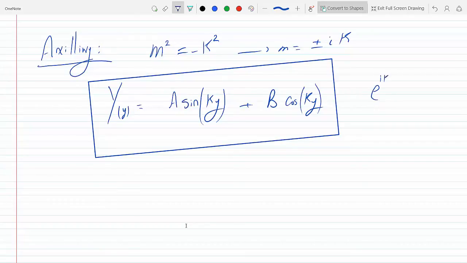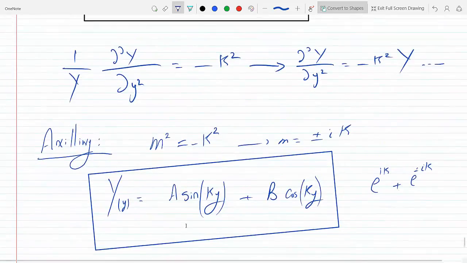Technically you're getting e to the ik plus e to the minus ik, and you're turning this into sines and cosines by manipulating it. The derivative follows the same pattern as the derivative of sine and cosine. Exactly.